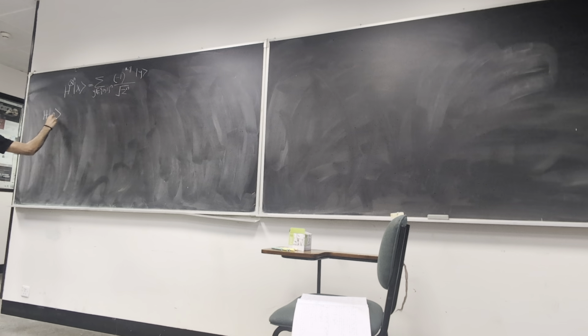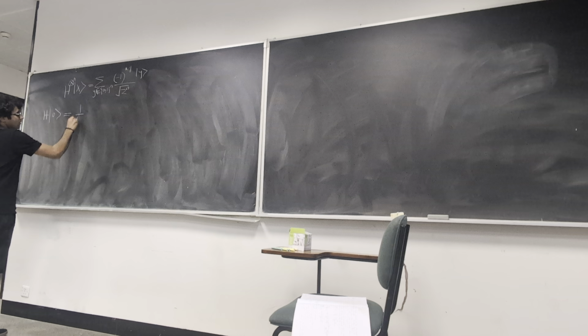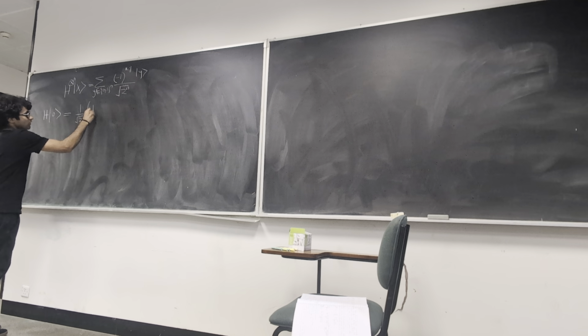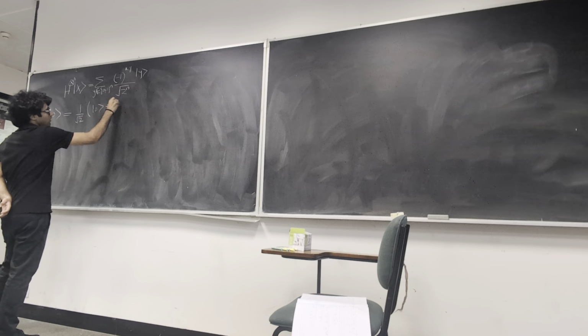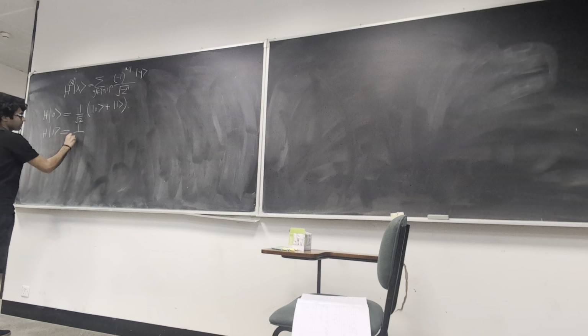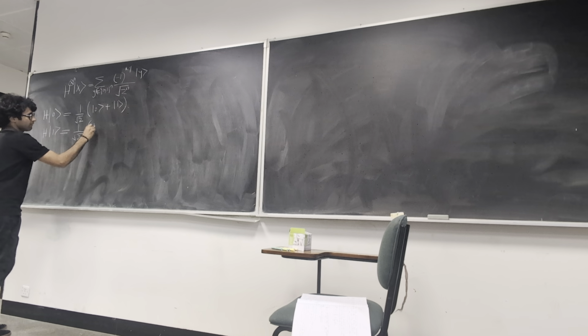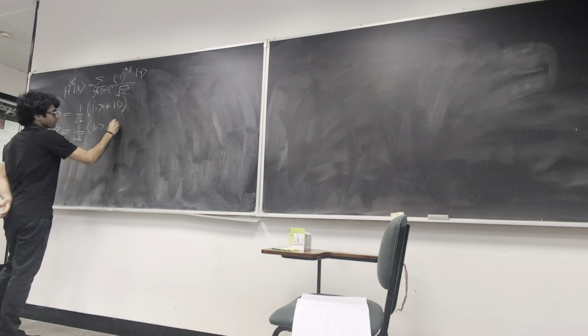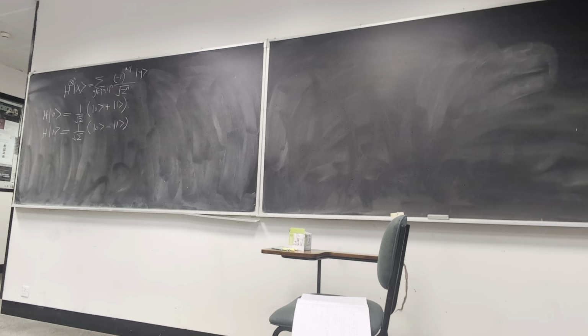So I apply this. This I know is just 1 by square root of 2, 0 plus 1. The other I know is 1. Looking at the shape of this, because it's n times, right?